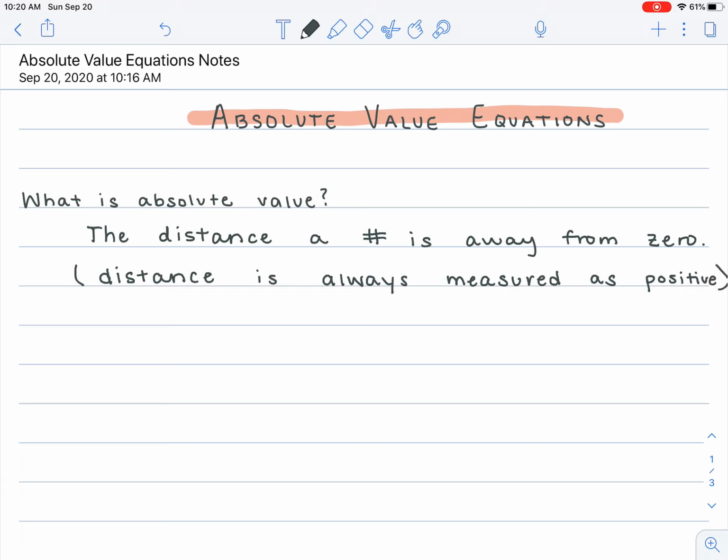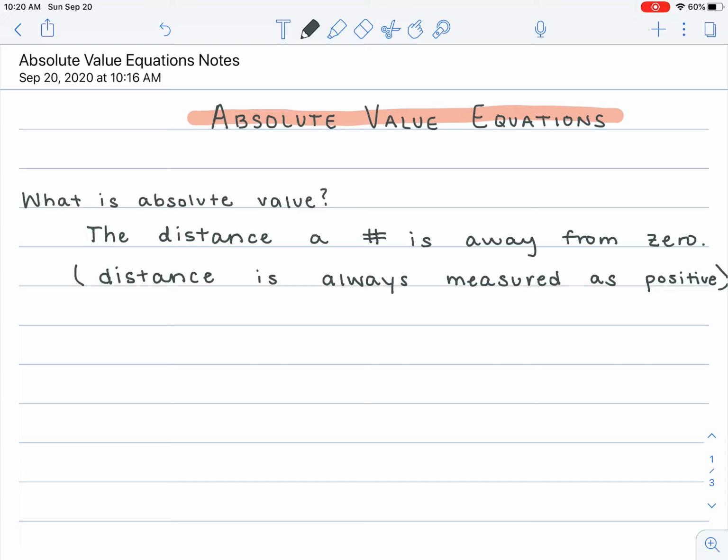What I mean by that is, if I said I went for a run, I wouldn't say I went for a negative 3 mile run. That doesn't really make sense to us. We always measure distance as a positive value. We don't say the trip is negative 500 miles away from here. That doesn't make sense. We always do it as positives. That's what absolute value is, the positive.